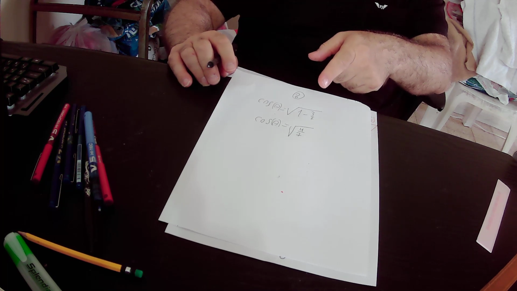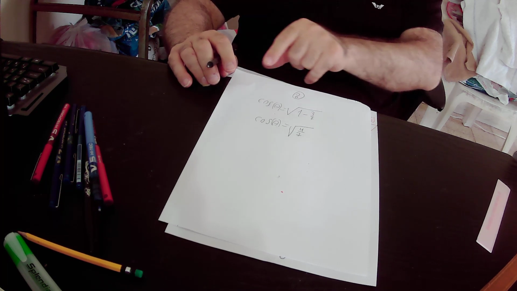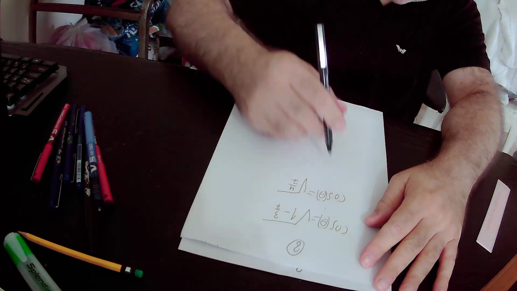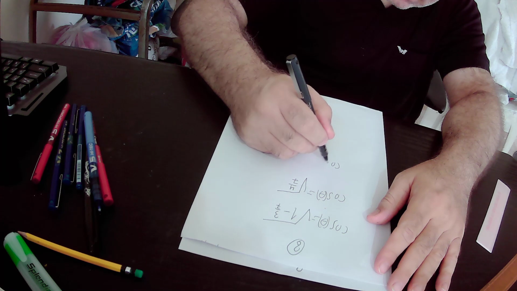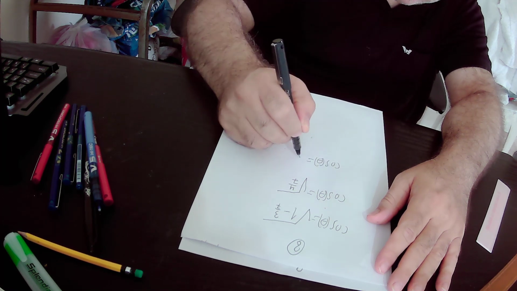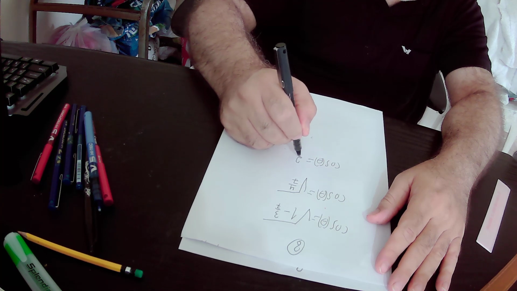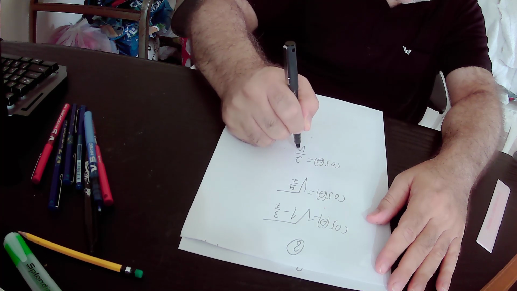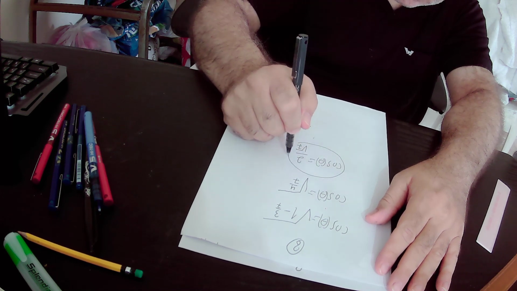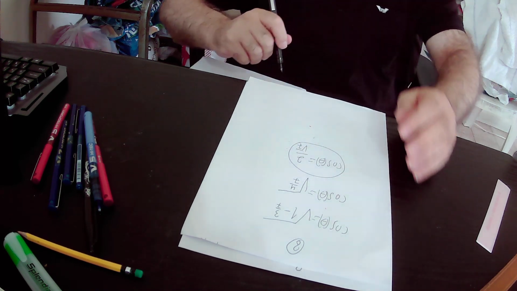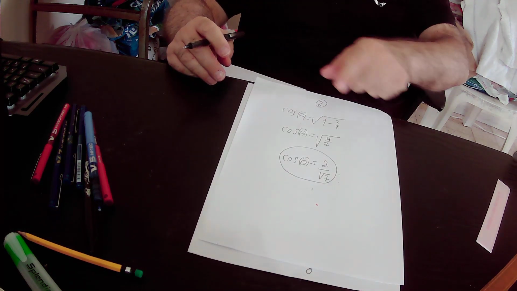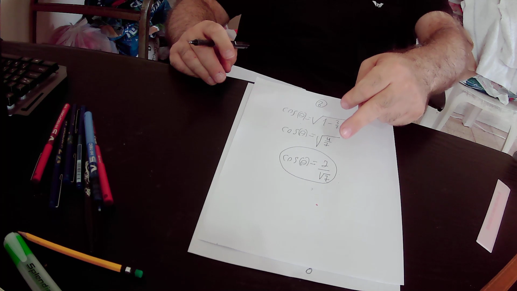But the root of 4 equals to 2, so I'll write it down that cosinus theta equals to 2 over root 7. So we found out that the value of cosinus theta equals to 2 over root 7.